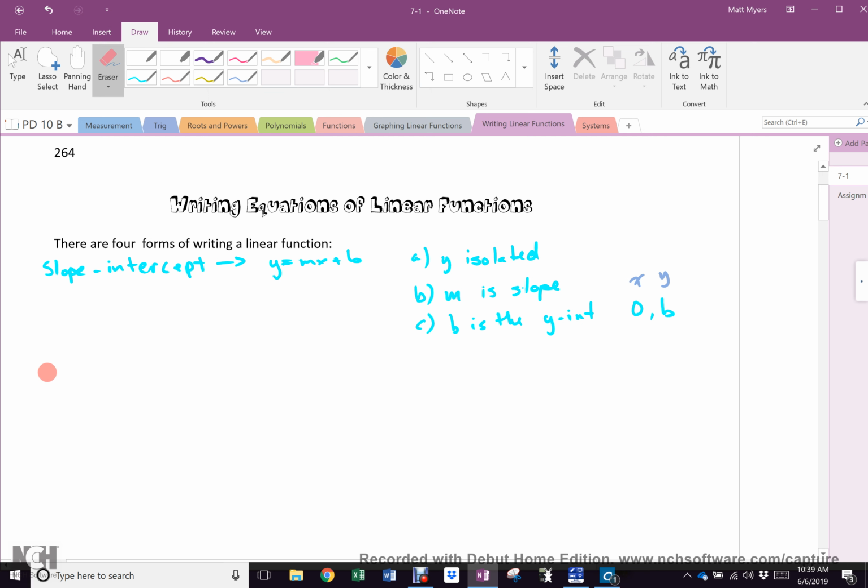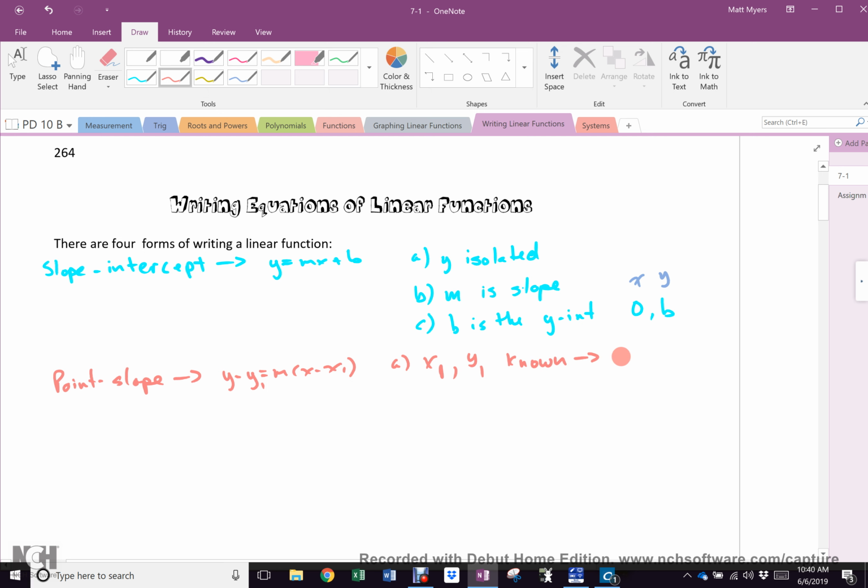I should have written the words. Point-slope. Or slope point. y minus y1 equals m(x minus x1). And what do we know about these? What do we know? x1, y1 is known.